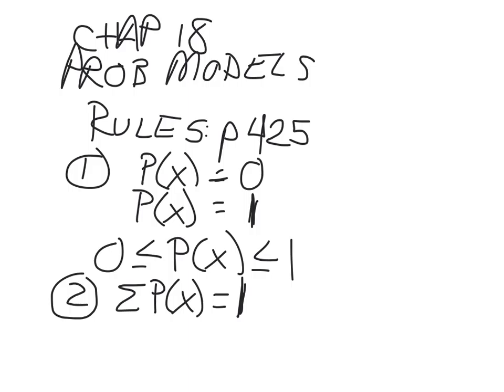Okay, and then finally, one more. If you have a couple of outcomes, you can say 1 minus the probability of X will essentially give you the opposite.